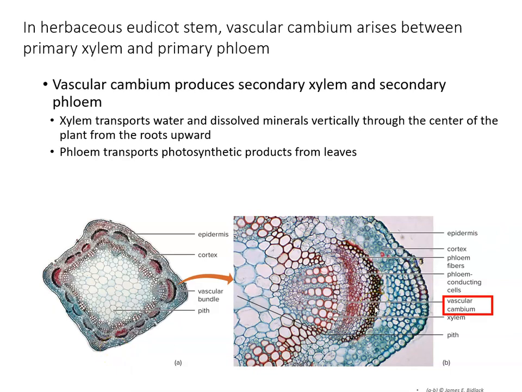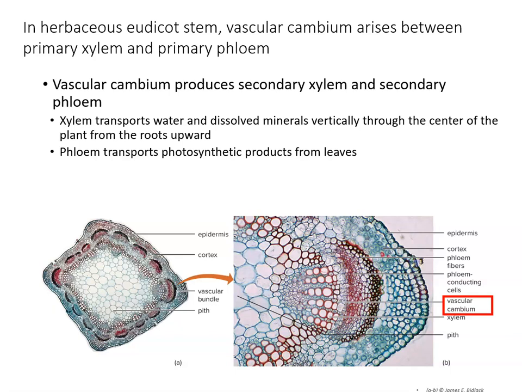So if we look at this cross-section of the eudicot stem at the vascular bundle here, showing it really close up, you can see the phloem, this pink area here, smaller cells, and then the xylem, the bigger ones, more interior to the phloem. Usually xylem is more interior to the phloem, but then between them, you have the vascular cambium.